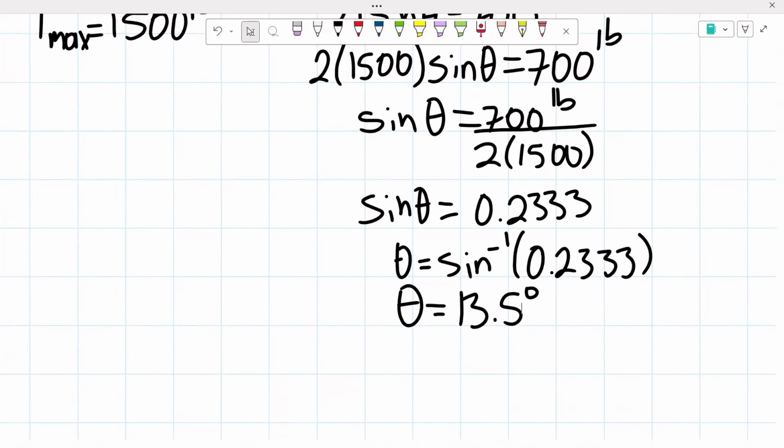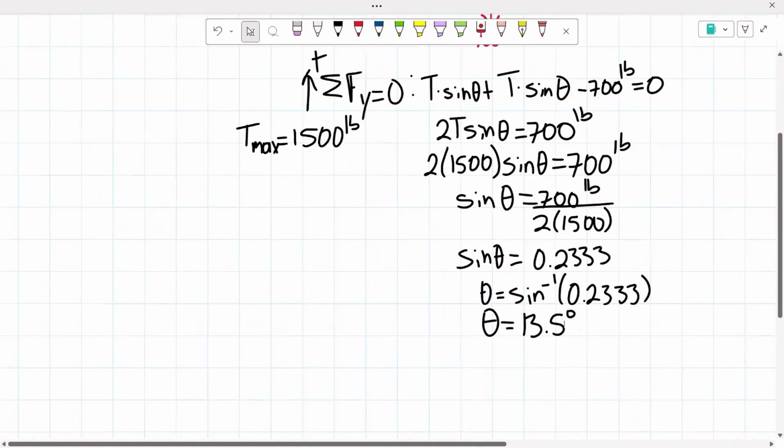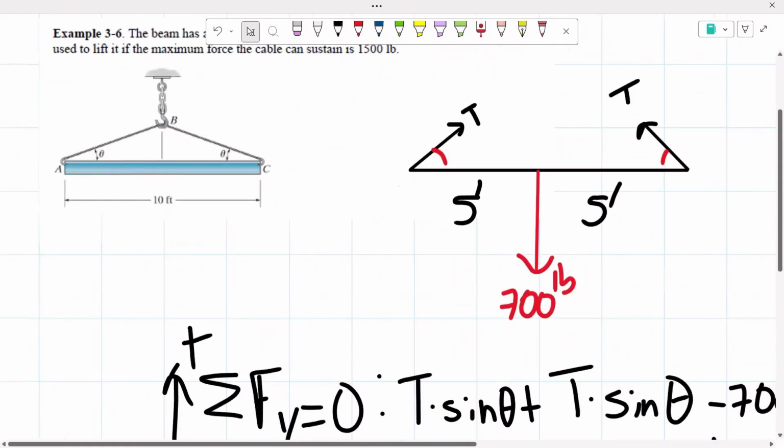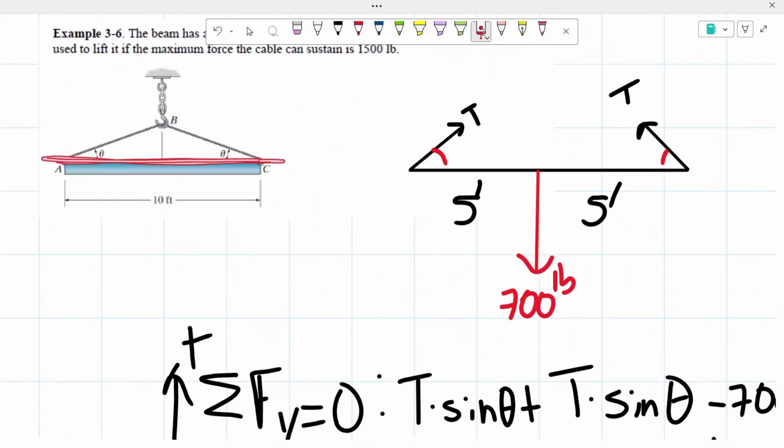Now we are going to find the horizontal component, since we're going to try to find the shortest length that this cable could be to sustain those 1,500 pounds.